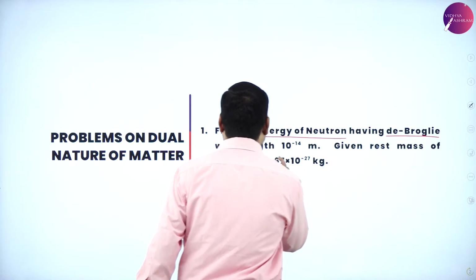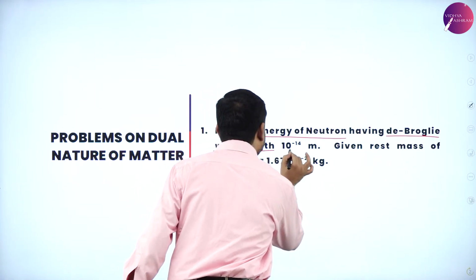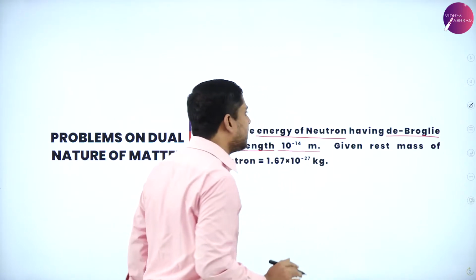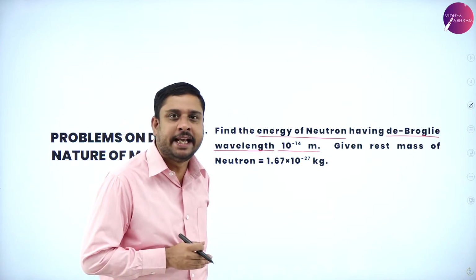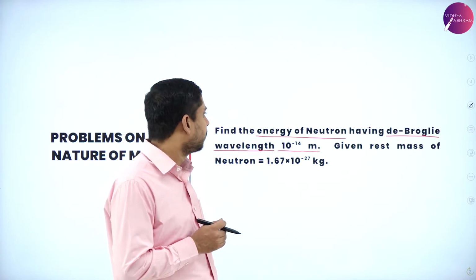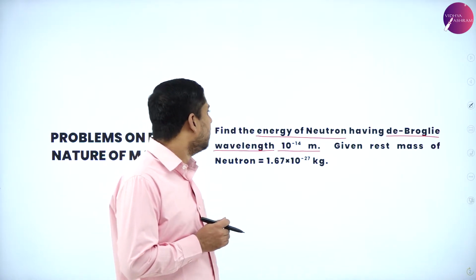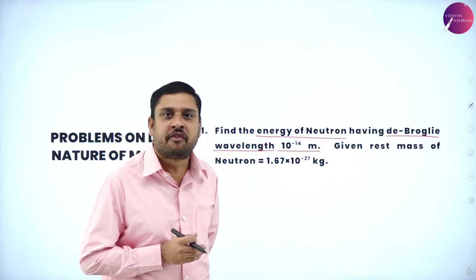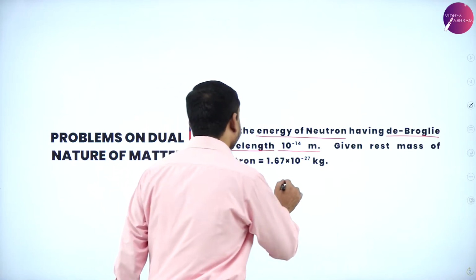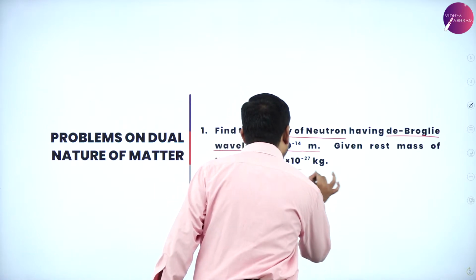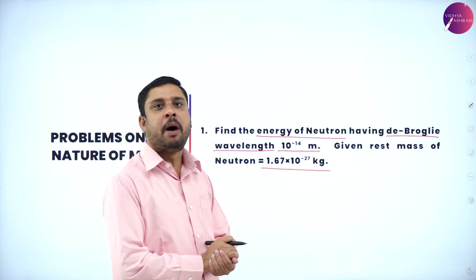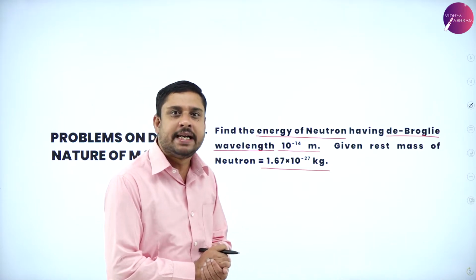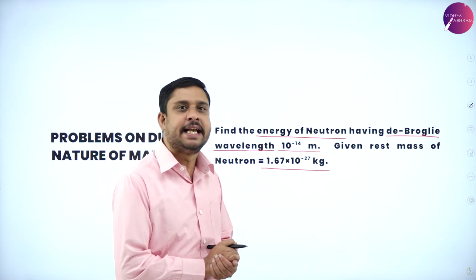Now, de Broglie wavelength is given, which is 10 power minus 14 meter, given the rest mass of neutron is 1.67 into 10 power minus 27 kgs.